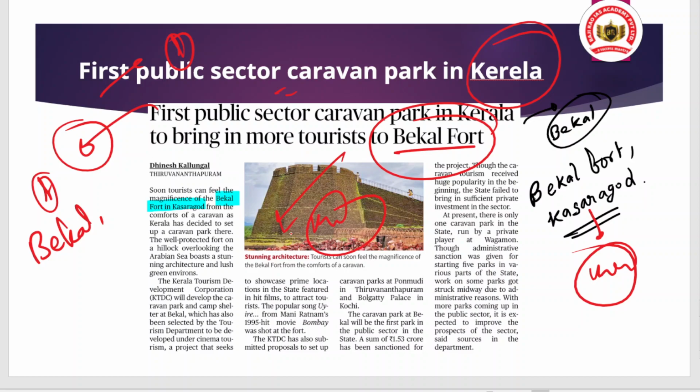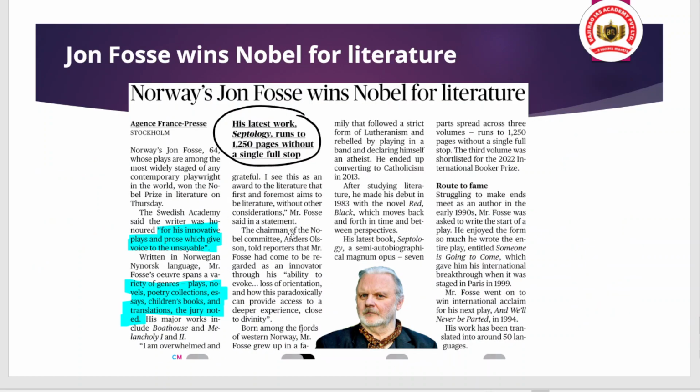Now we are shifting to the last article of prelims, and that is the Nobel Prize. For 2023, the Nobel Prize for Literature goes to Jon Fosse. He is a very big personality, with a variety of dimensions in the field of literature: book writing, plays, drama, and many more. He has been awarded for his innovative plays and prose, which give voice to the unsayable.